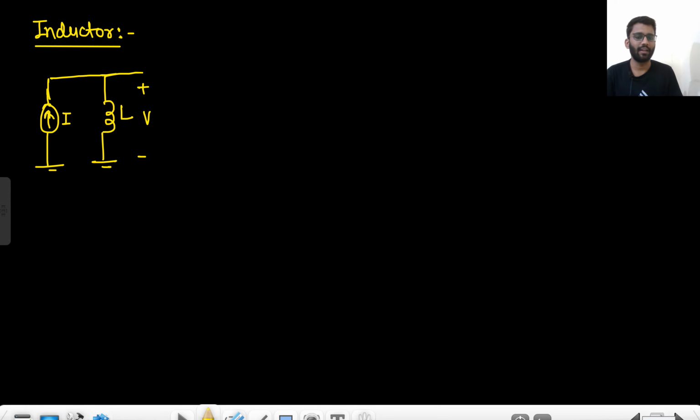Then we will move to the current voltage equation for the inductor. Before that, we study the inductor completely. If an inductor is connected across a current source, then the voltage across the inductor will be L di by dt.